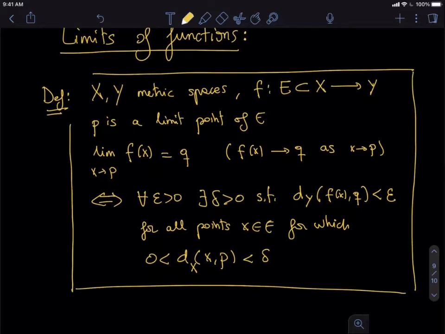So again, what we are saying is that given any epsilon, there exists some delta such that whenever the distance between x and p is smaller than delta, then we know for sure that the distance between f of x and q is less than epsilon. So whenever x is close to p, then f of x is close to q. That's what we are saying.